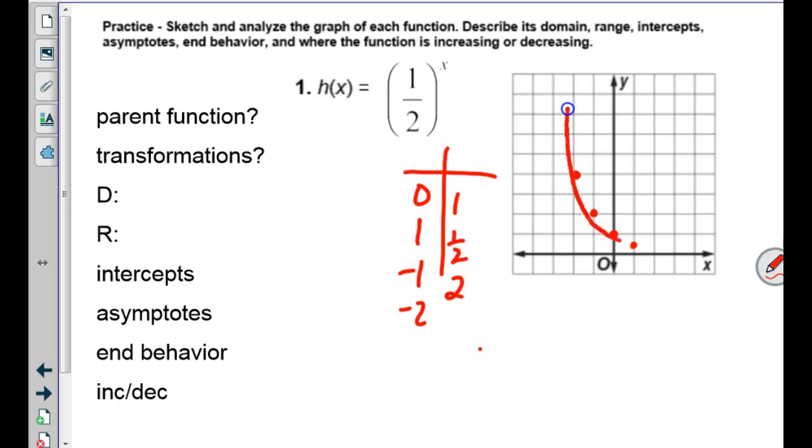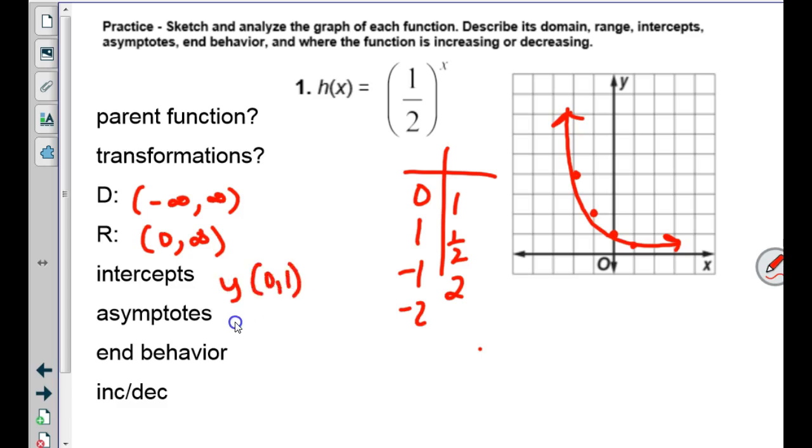So it's doing this. So walk me through, I don't even care about parent functions, transformations, domain. Yep, all real numbers, range. 0 to infinity. Does it have an x-intercept? The y-intercept is at 0, 1. Asymptotes? Which is?